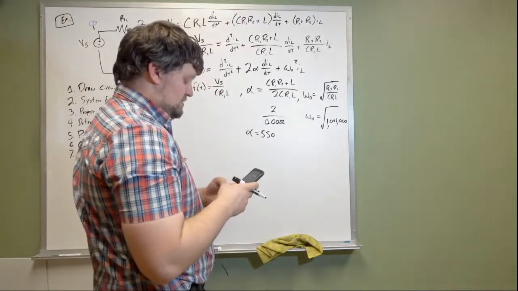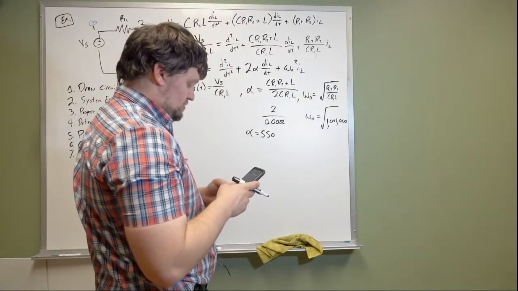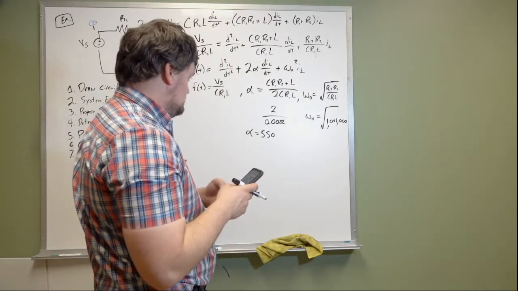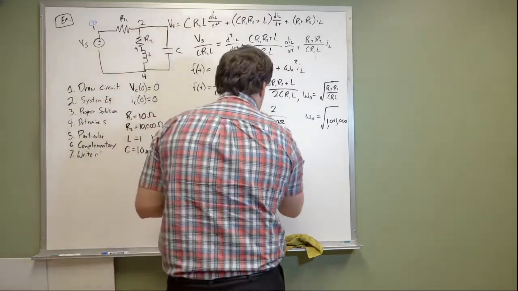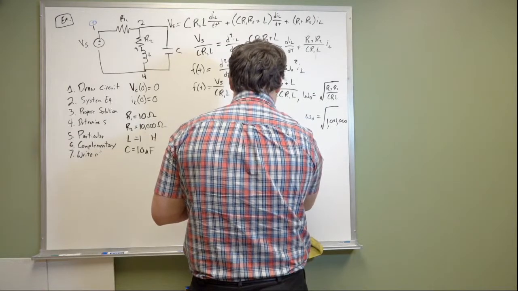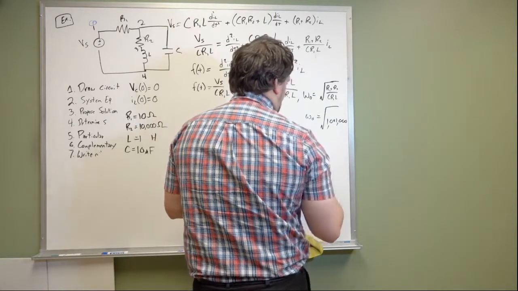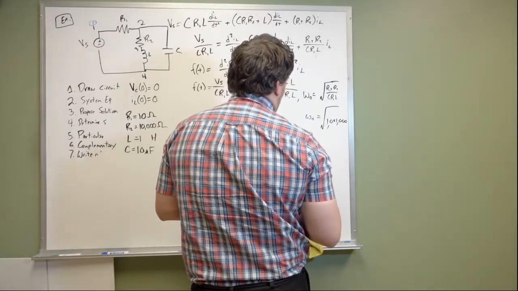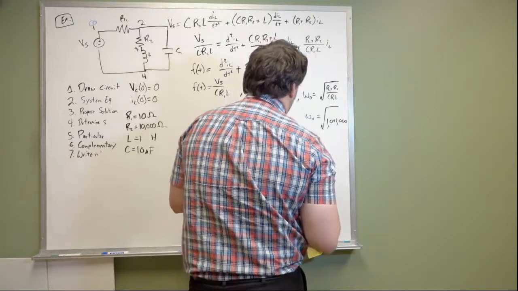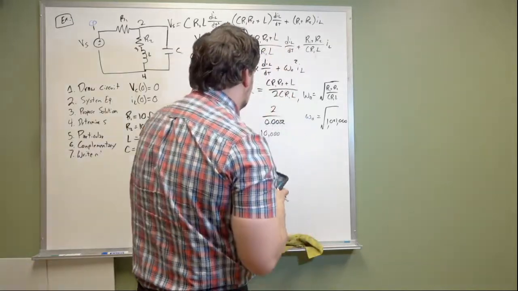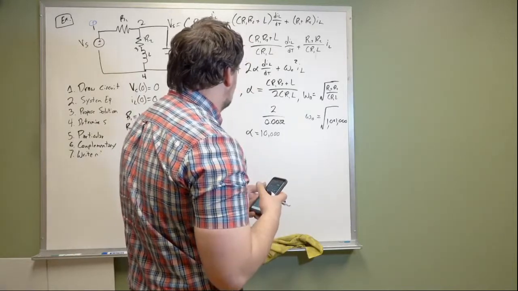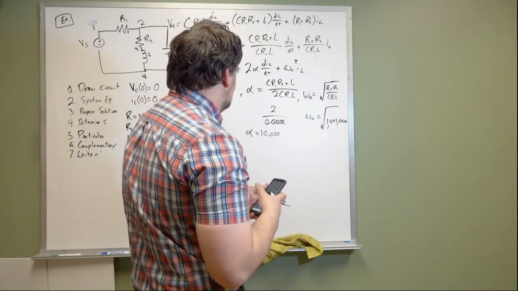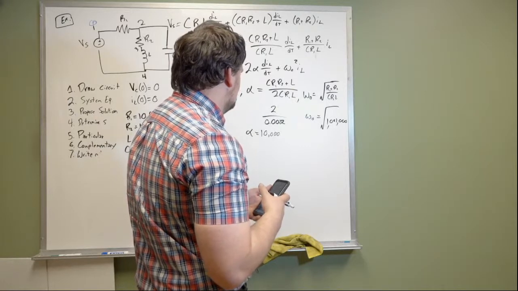So 2 divided by 0.0002, this becomes 10,000. And over here, yeah, it doesn't quite do the same thing. Well, bad.